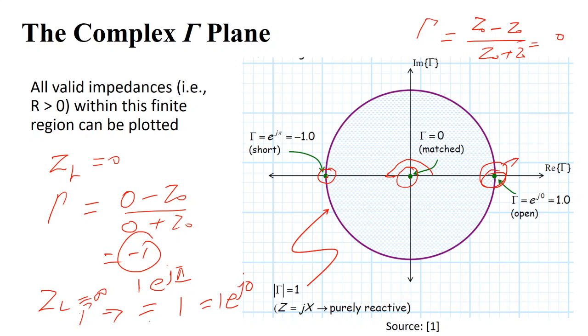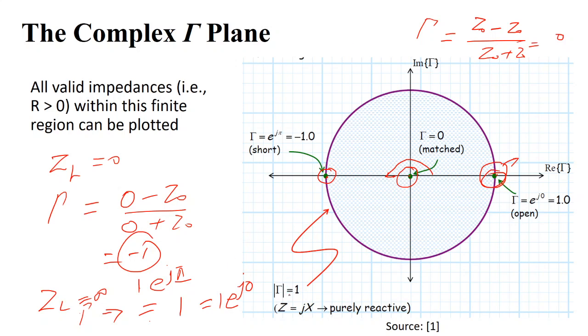So you have to remember these 3 points are very, very important. If the line is short circuited, it will lie on this point. If the line is open circuited, then it will be visible at this point. And if the transmission line is matched with the load, then the reflection coefficient will be 0 here. Okay.